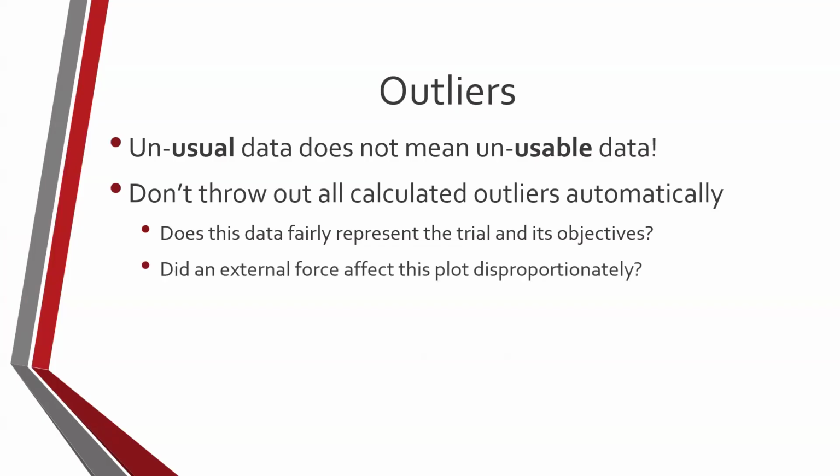Is there some sort of external force that affected this plot disproportionately to the rest of the trial? Is the value within a reasonable range of outcomes that we would expect to occur? So, hammering home the point, confirm the data before you leave the site.